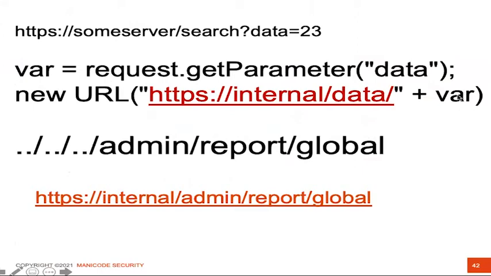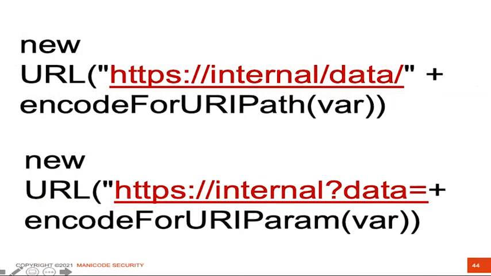So how do you add a parameter to a URL that the server can act upon in a way that it's not going to cause path traversal when the attacker tries to mess with your path? Well, encoding. I don't think validation will help, but you want to encode the variable with URL path encoding or URL parameter encoding, which is a standard for URLs.